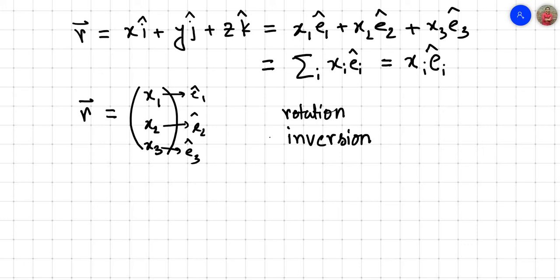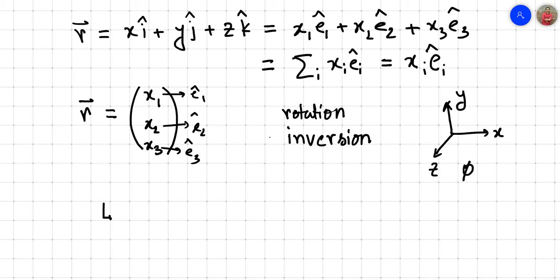So for example, if we have a coordinate system, this is x, this is y, and this is z. And we rotate the x-axis and y-axis with respect to the z-axis by some angle phi.